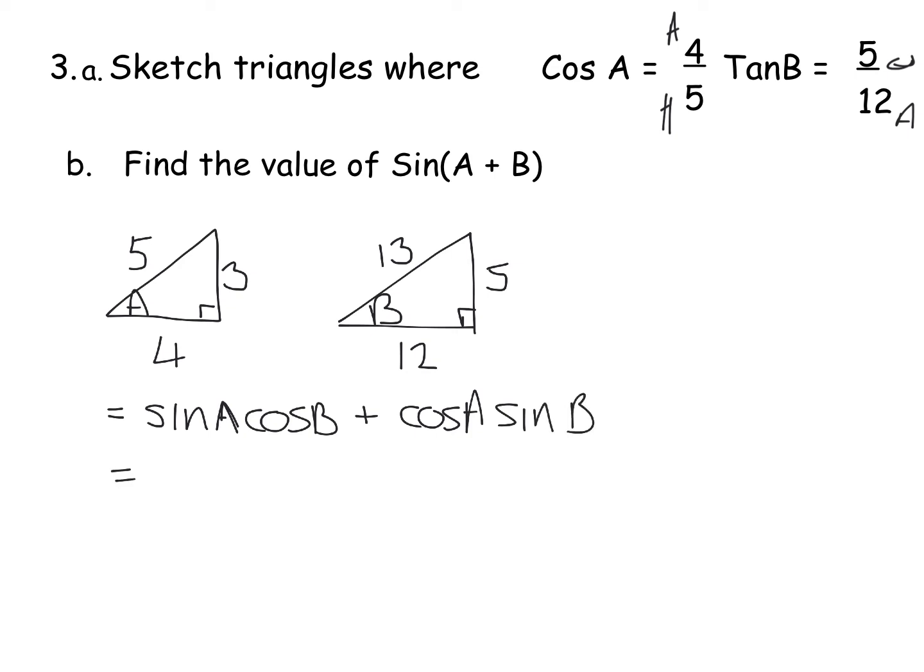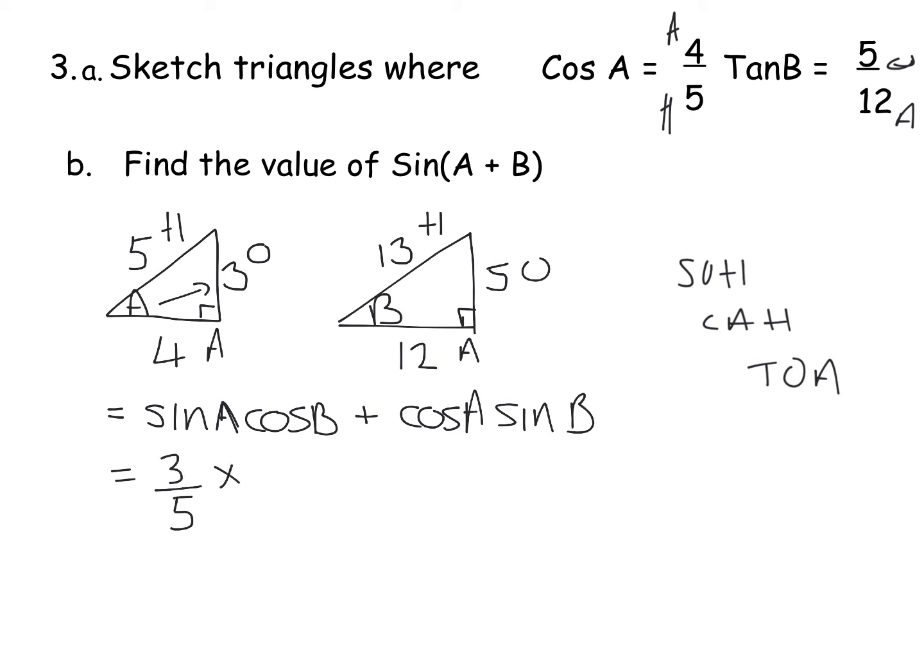And then what we do is we'll go to our triangles, and our first triangle, well, that's the opposite, adjacent, hypotenuse. Second triangle, opposite, adjacent, hypotenuse. So you just need to remember your SOHCAHTOA for these. So sin A would be O over H, so 3/5.